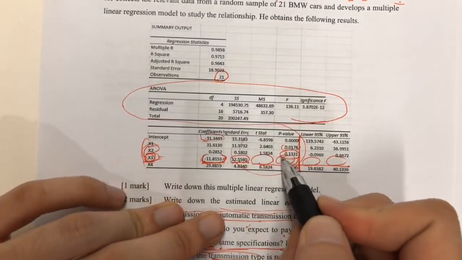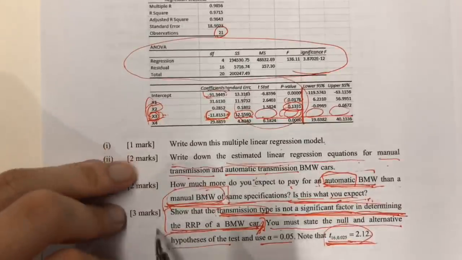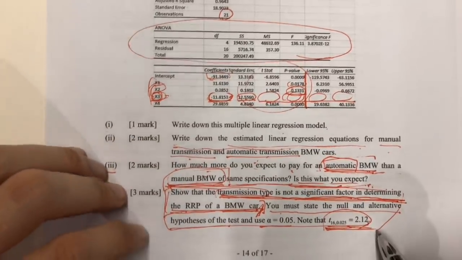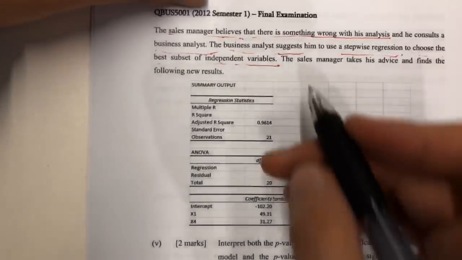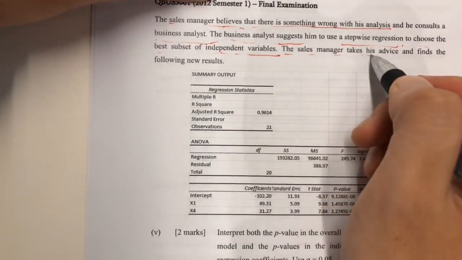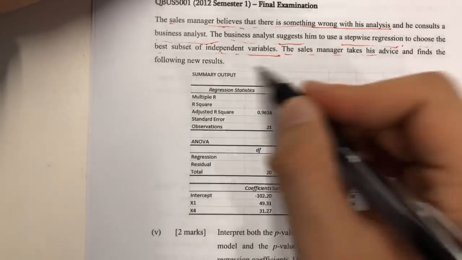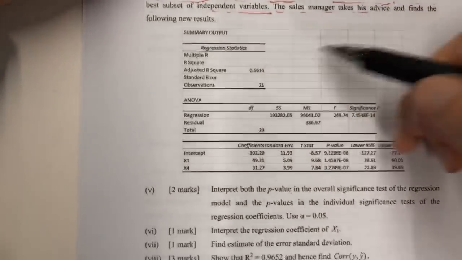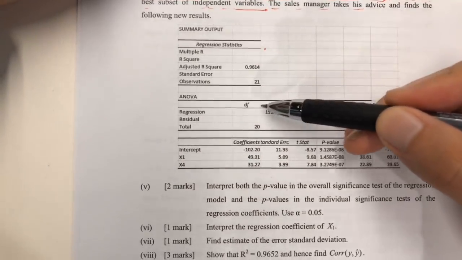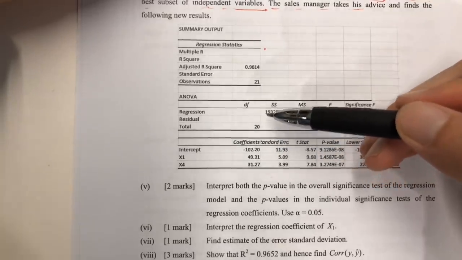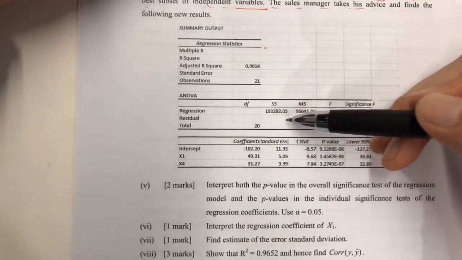Just like here, we can see x2 and x3, as we tested, are not significant. So the sales manager takes this advice and finds the following new results. We can see a lot of blanks here. This involves a lot of calculation for us.